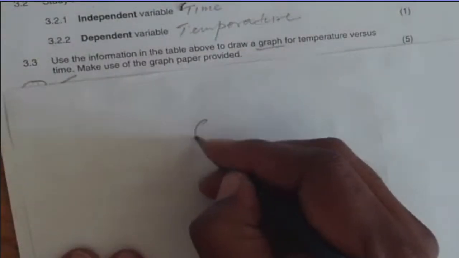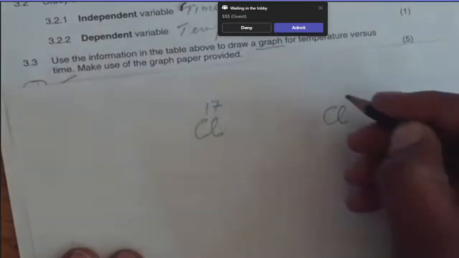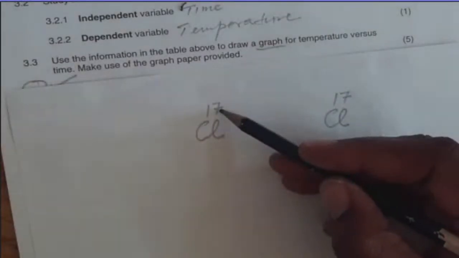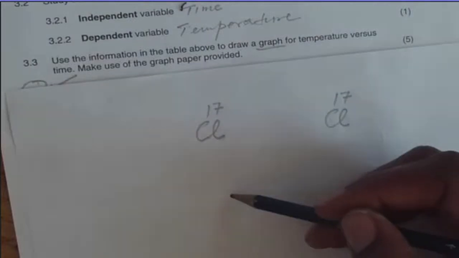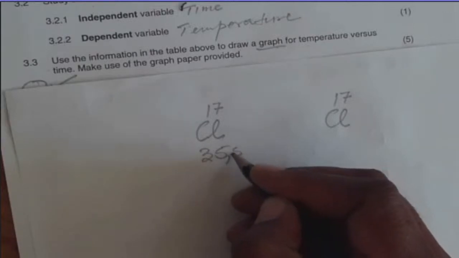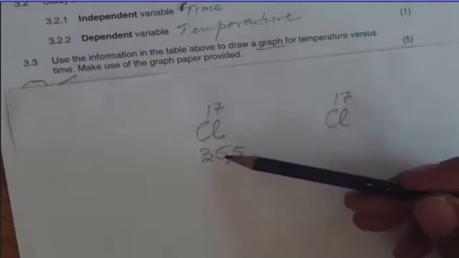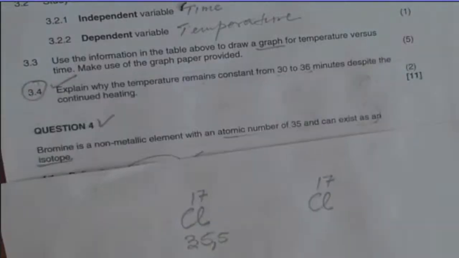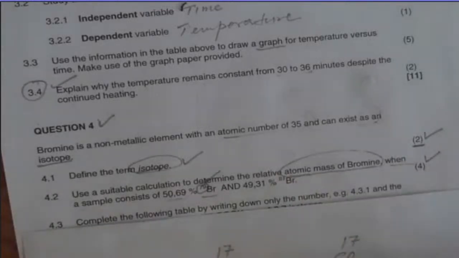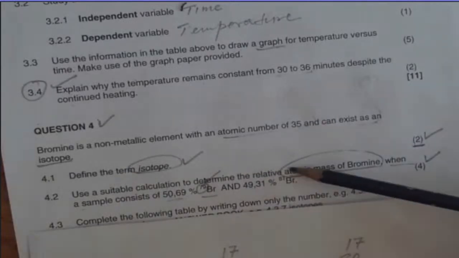So an example: chlorine. I'm having 17, which is the atomic number, the number of protons in the periodic table. But then this chlorine, I can have 35,5. They must go to the periodic table and check that chlorine is 35,5. Now this question, because chlorine can occur as an abundance of isotopes: same number of protons, but different number of neutrons.